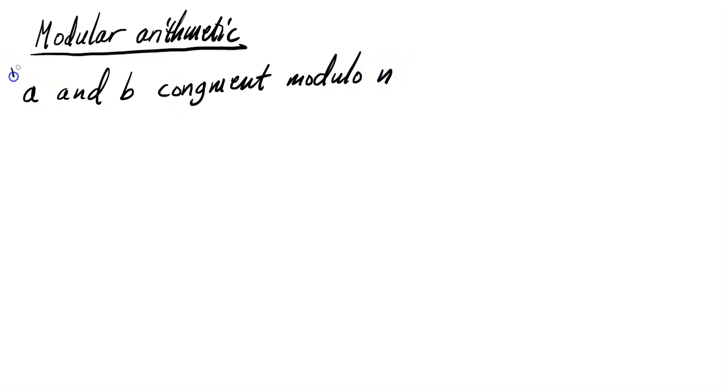Okay, so this sentence, A and B are congruent modulo n, means that n divides A minus B. That's a complicated way of expressing that n divides A minus B. So A and B are congruent modulo n if the difference between the numbers is divisible by n.